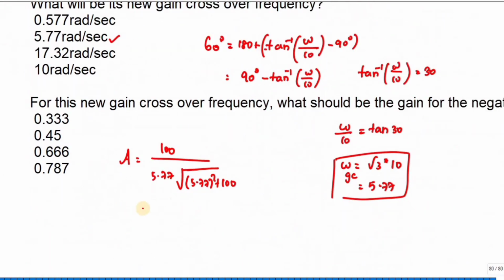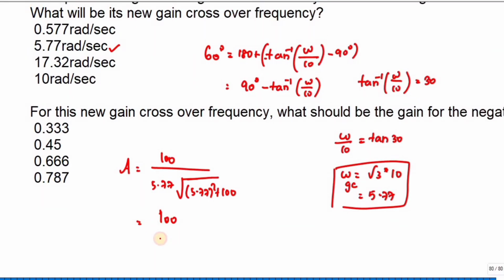So I am taking this G of j omega: 100 divided by 5.77 into root of 5.77 square plus 100, right?